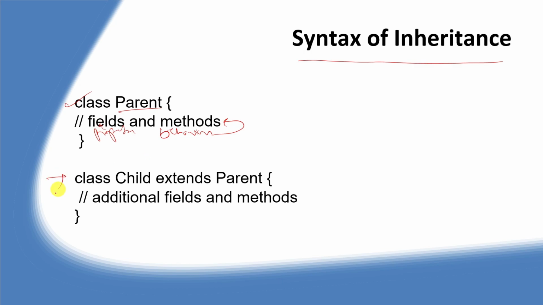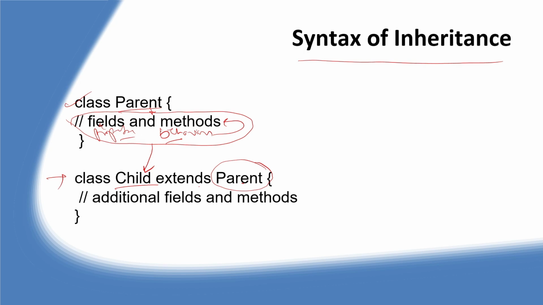Now, class Child extends Parent. That means whatever properties and behaviors are defined inside Parent will automatically come to the child class. Come means from the child class we can access these properties and behaviors. We don't need to redefine these things inside the child class.